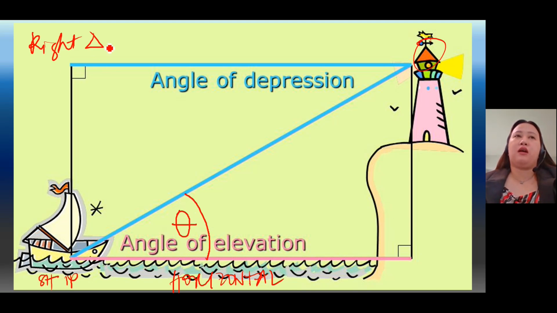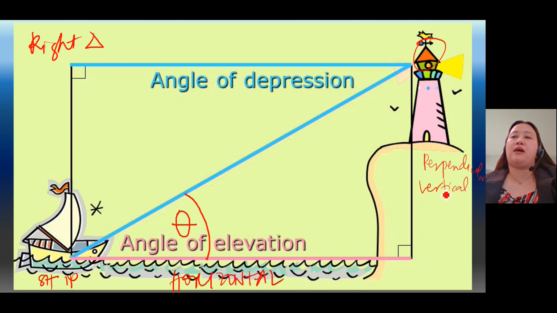With the horizontal, we also have a perpendicular. The perpendicular side of the right triangle is actually the vertical.